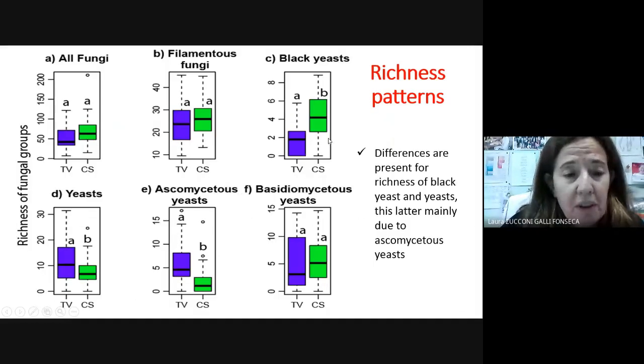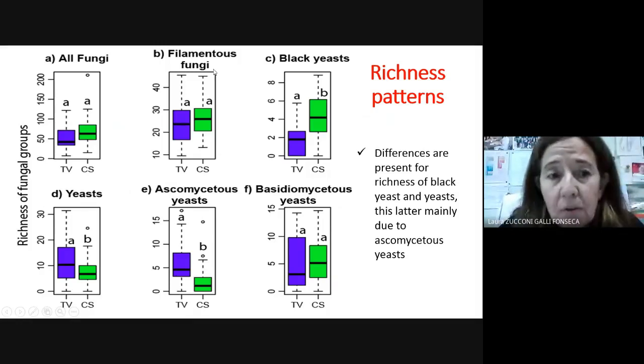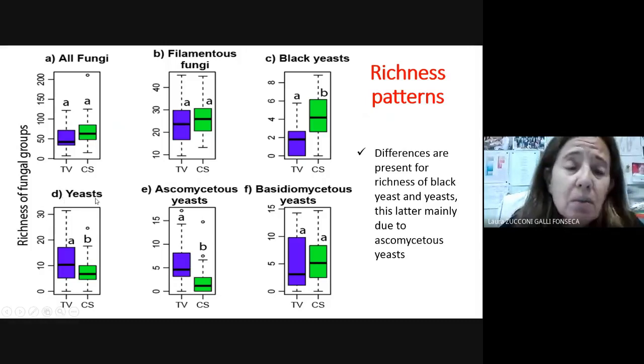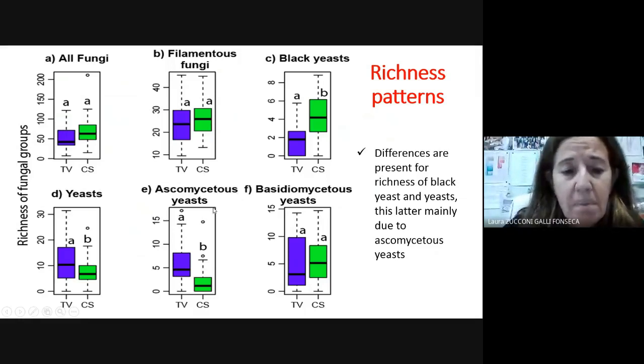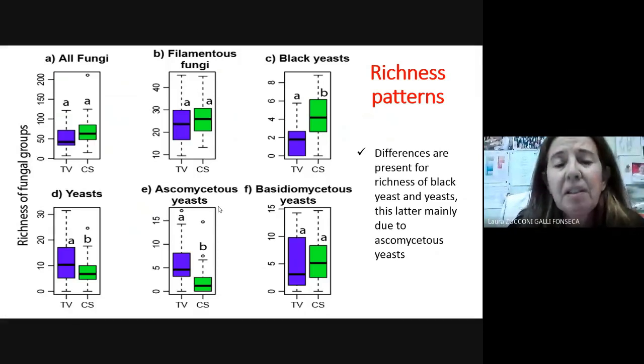We grouped the OTUs into different growth form categories, namely filamentous fungi, black yeasts, and yeasts, and these latter were also observed in terms of Ascomycetes and Basidiomycetes yeasts separately. We did this as a meaningful tool to highlight adaptive strategies to the Antarctic constraints.